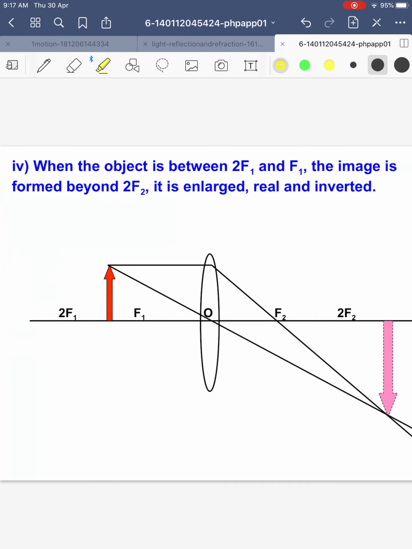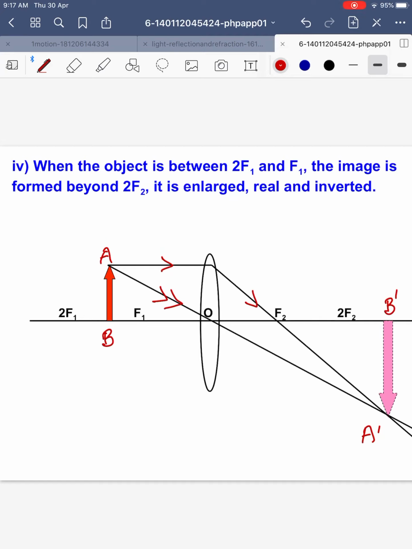Okay, next case is when the object is between 2f1 and f1. Here our object AB is lying between f1 and 2f1. First ray which is parallel will pass through the focus. Second, which is passing through optical center, will pass undeviated, such that two rays intersect at point A dash. From A dash we draw a perpendicular to principal axis.